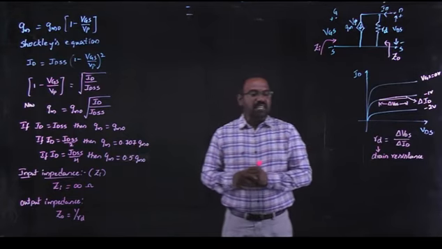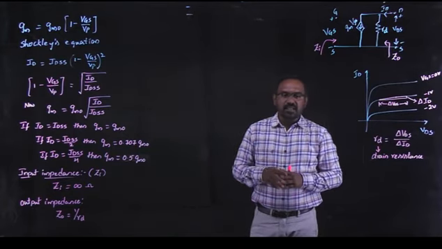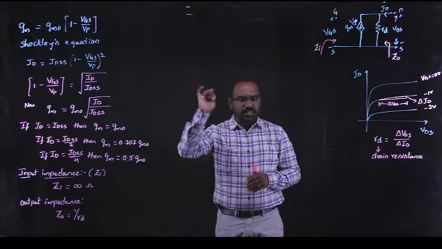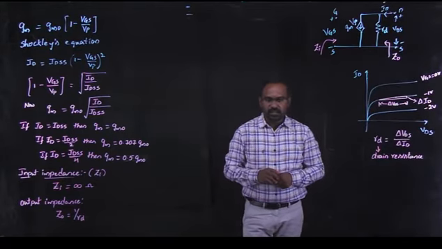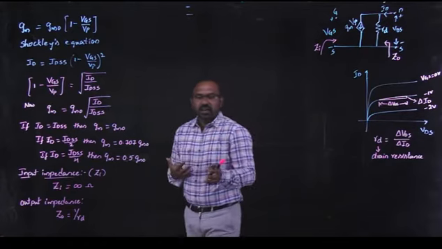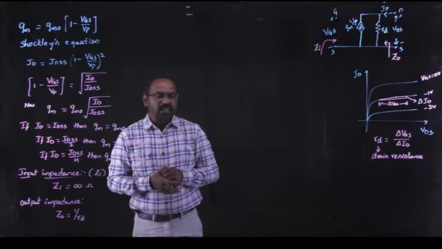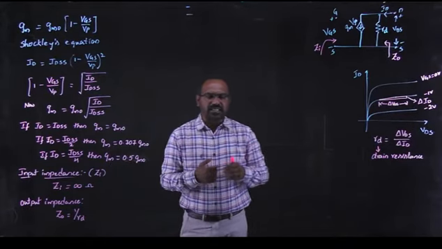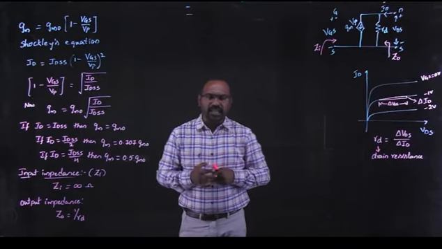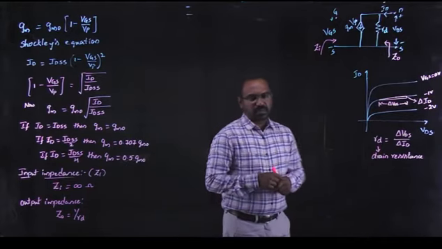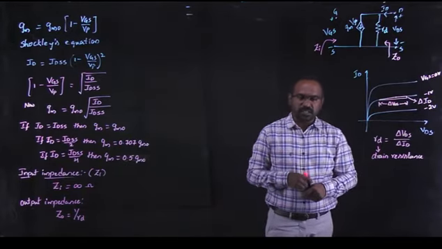In the previous class we have already discussed fixed DC biasing, self DC biasing and voltage divider bias. And not only that, for the three configurations of the FET, that is common source, common drain and common gate, the input impedance and the output impedance are going to change because the circuit diagram is going to change.